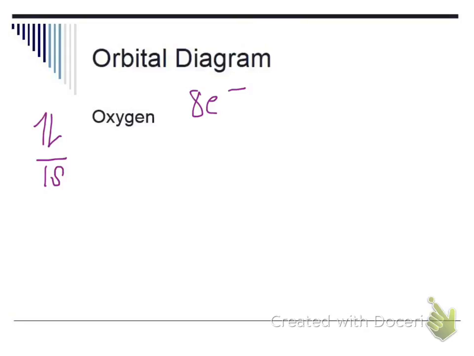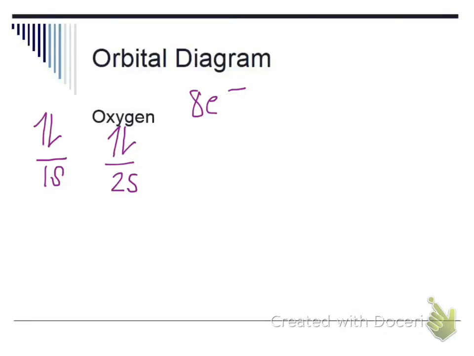After we finish period 1, what comes after 1s? 2s. How many electrons? 2. Okay, I now have 4 out of my 8. I still have 4 electrons to put in there.